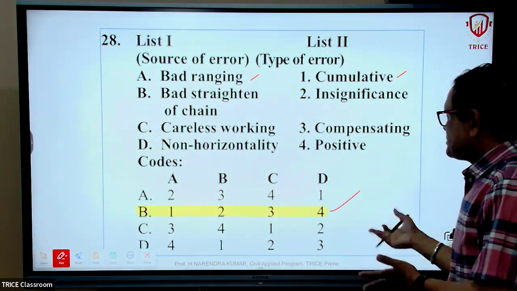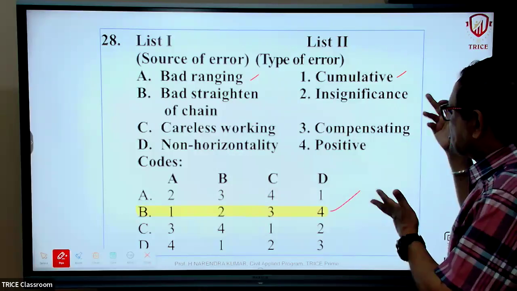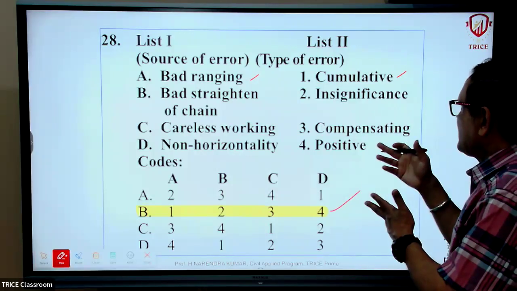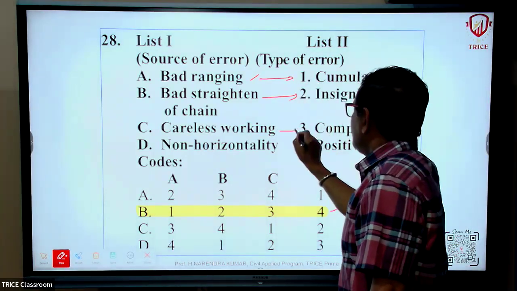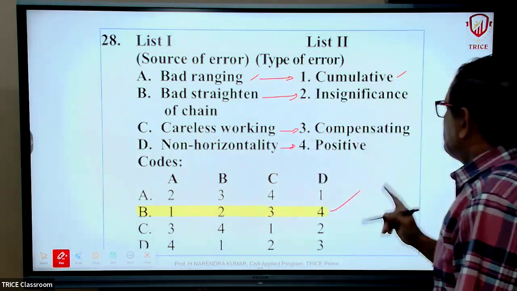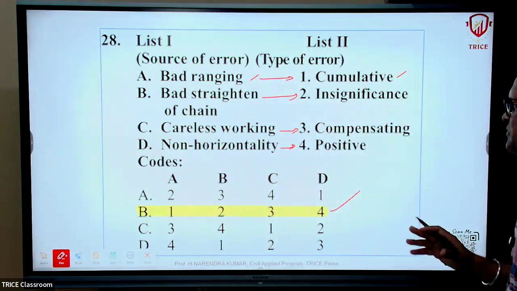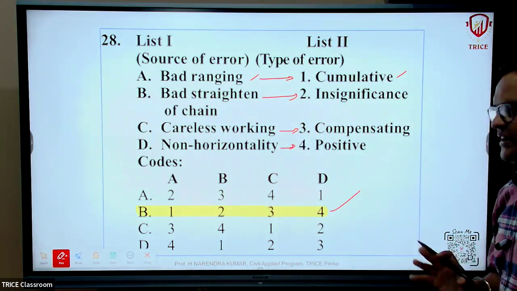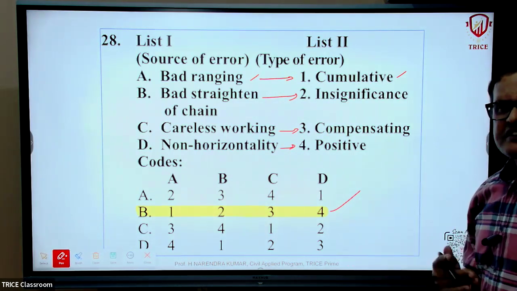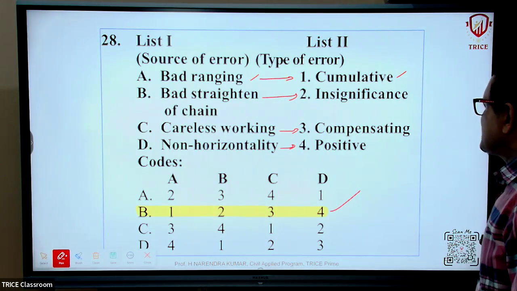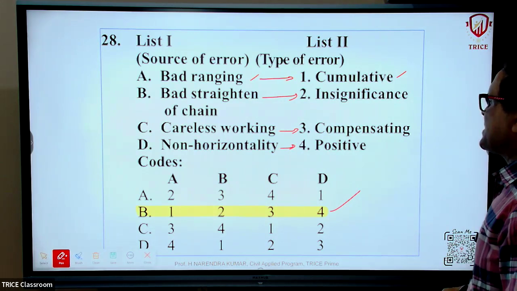Here, fortunately, the list 2 and list 1 are given straight away. B is insignificance. Bad straightening of chain is insignificance usually. Careless working, it is compensating, either plus or minus. Non-horizontality, this is nothing but a positive.